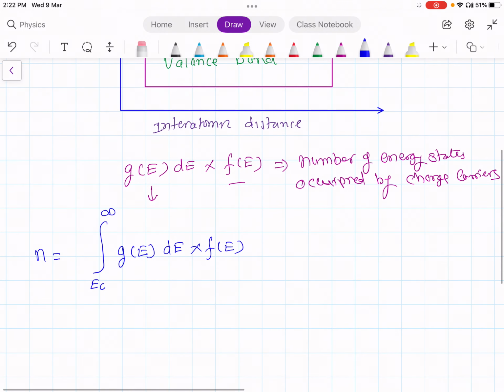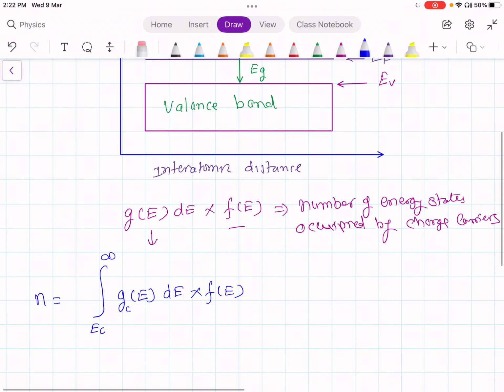Now to identify that this is the density of states in the conduction band, instead of G of E, we will write Gc of E. And in the conduction band, the charge carriers are electrons.